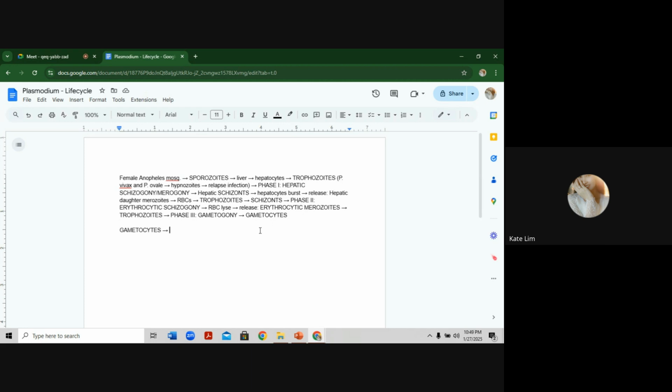Once inside the mosquito's stomach, the gametocytes mature. The female gametocytes become macrogametes. Again, in parasitology, female parasites are usually larger in size compared to the male parasites. The male gametocytes undergo exflagellation, a process where it produces several microgametes.